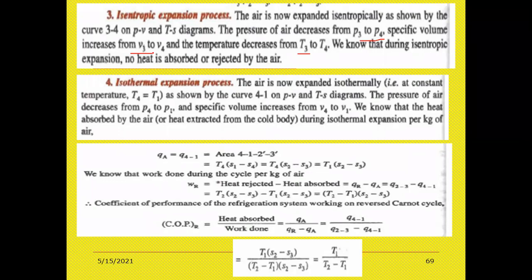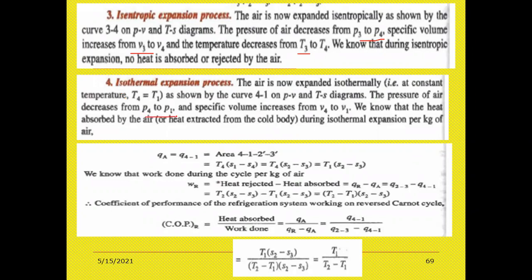In this process, obviously, the air is expanded from P4 to P1. The air is expanded isothermally at constant temperature. Here the constant temperature must be maintained, from T4 to T1. So what happened here?